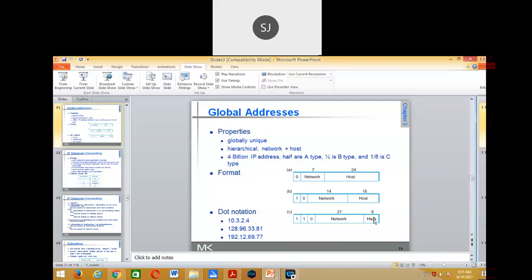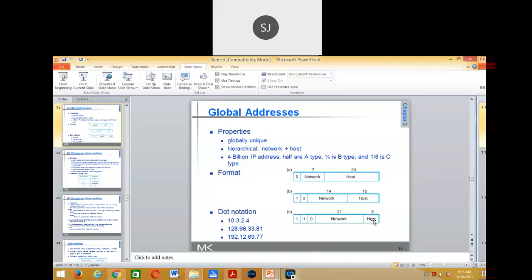See, 8 bits are used for host ID. Now suppose I have 300 hosts in my organization. Then is one single class C address sufficient? Because with one class C address, I can address only 256.